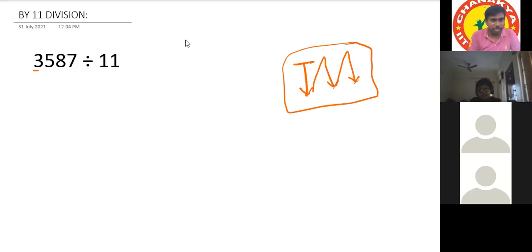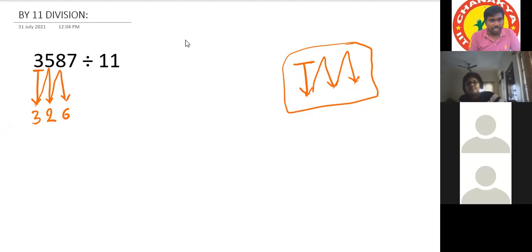subtract. First drop 3. Okay, 3 as it is dropped. And we have to subtract the bottom number from the top number. So we have to subtract 3 from 5, not 5 from 3. 5 minus 3 is how much? 2. That is the second digit. Now we need to subtract 2 from 8. Sir, 6.